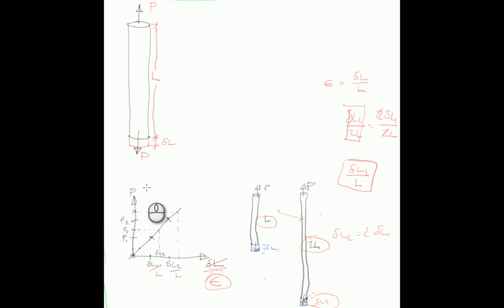We've still got load P on this axis here. And if we look at that quantity now, imagine we have a sample this time which is the same length as our original sample, but this time it has a greater diameter. Okay?